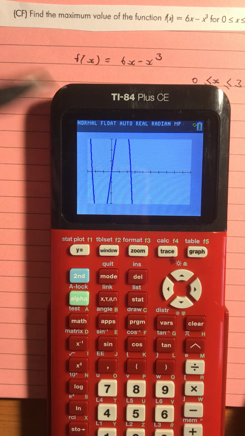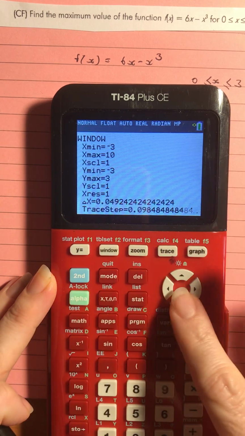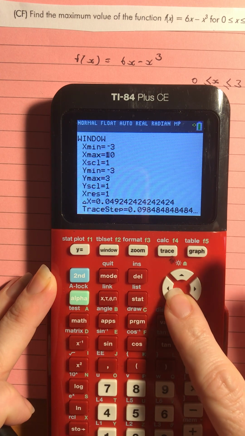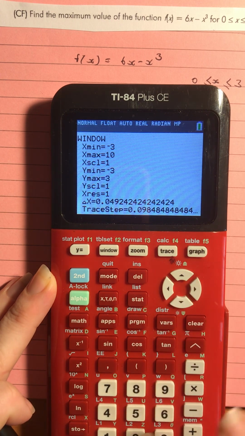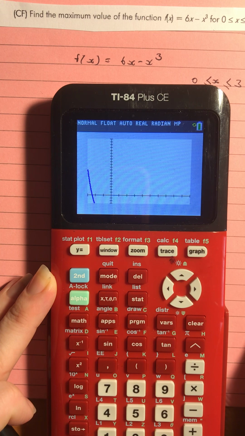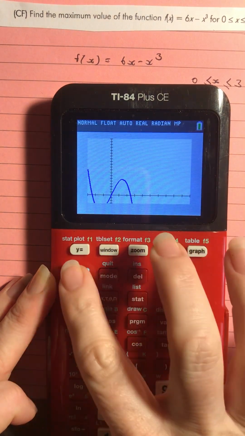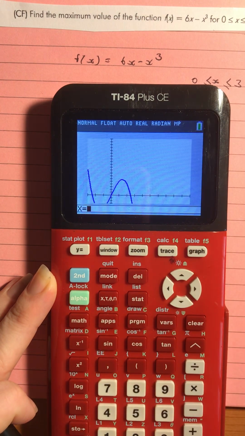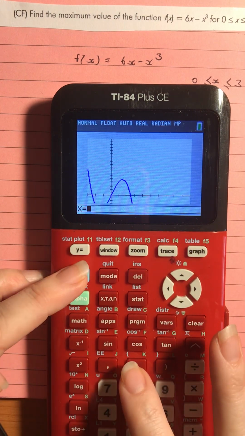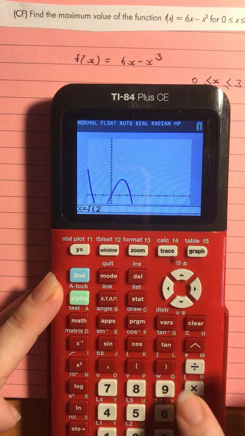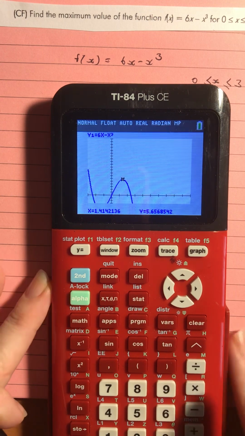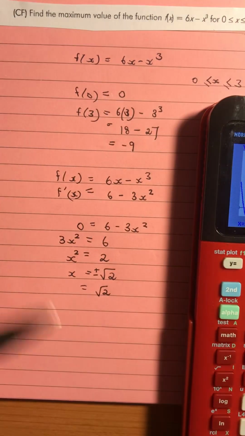And I can see I've got that maximum value up the top there, so I'm going to change my window to go to a higher y value, so maybe go up to 20, see if I can get the top of that curve. Yep, so here it is here, so I can then put in my second trace, my value, and I want to know what that is equal to at the square root of 2, and I get 5.65.